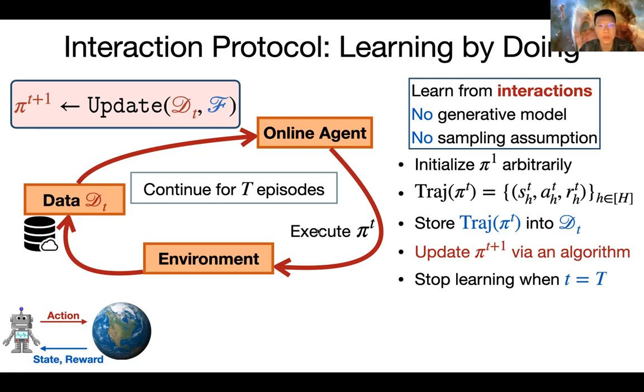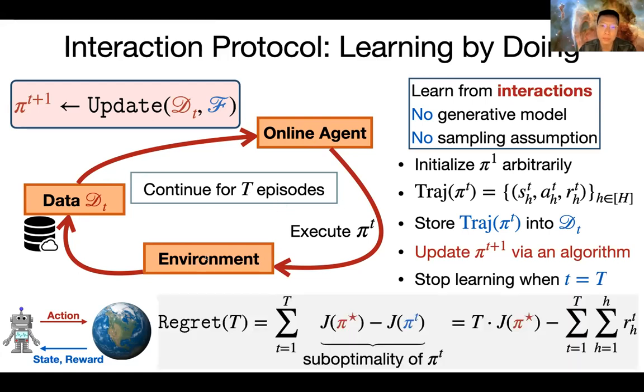And this loop continues for capital T episodes. To measure the sample efficiency, we use the notion of regret, which is defined as the difference between the total amount of reward obtained by the Oracle optimal policy and the sum of the rewards generated by the online agent.